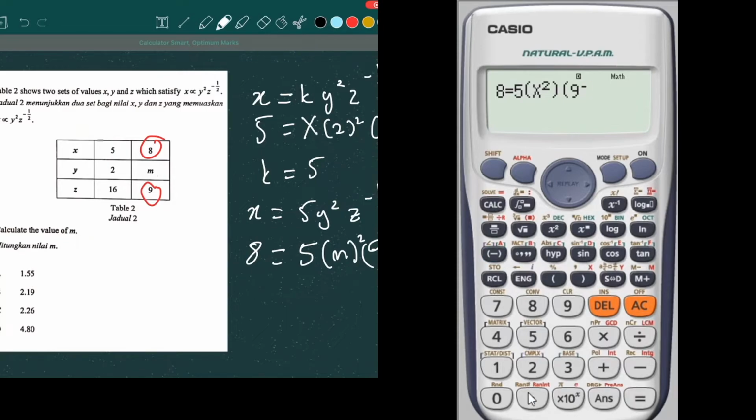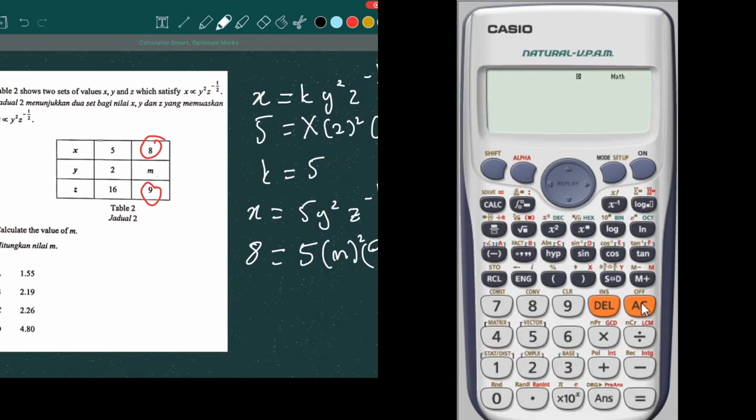Okay. So, close the bracket. Right, and then kita akan tekan shift solve. Okay, shift solve. Okay, dia keluar jawapan yang tadi tekan equal sign kat bawah. So, dapatlah 2.190. Terus dapat jawapan. Mana satu? A, B, C or D? B is our answer. Okay, there you go.